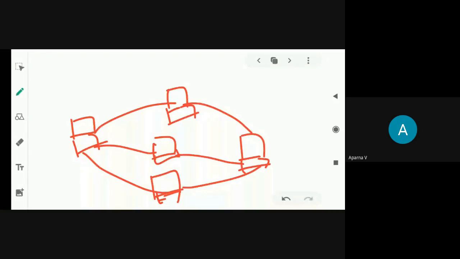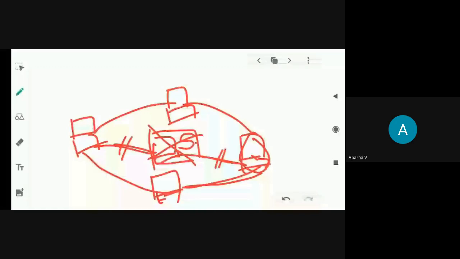Suppose this is a server, a very important main computer. Suppose it has failed, meaning it is not working. Therefore, there is no role for this connection and this connection, because if it is not working, nothing will be passed to this computer or this computer. So vertex removal means that if some vertex is gone, the corresponding edges are also gone. That is the impact of vertex removal.